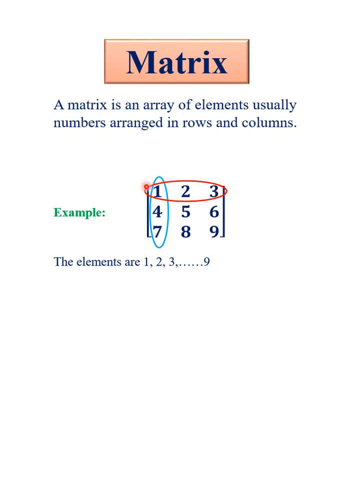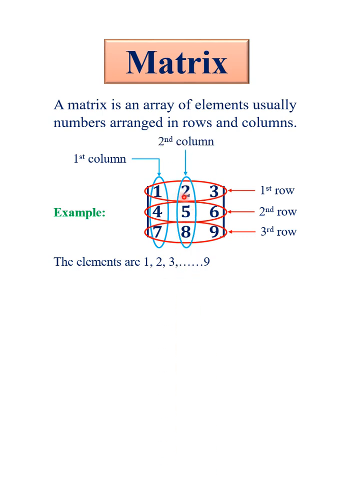So this is a column. This is one of the rows. So we can call this the first row, and we can say this is the second row, and finally this is the third row. Similarly, this is the first column, this the second column, while this is the third column.